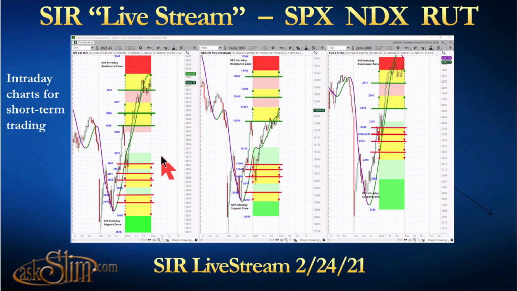And sometimes when it dips right into the support, as you could see right there and right there. You can also see which are the strongest and weakest of these indexes, which was really clear as the NASDAQ was the weakest and the Russell was the strongest. That is what you saw on the up day on Wednesday.